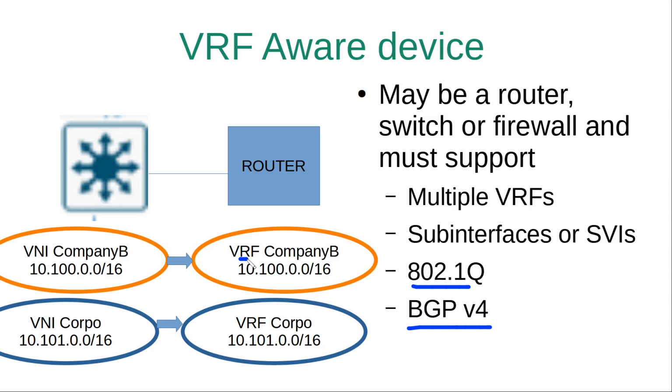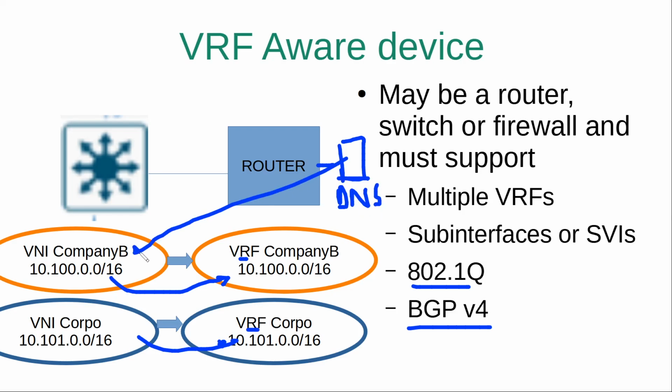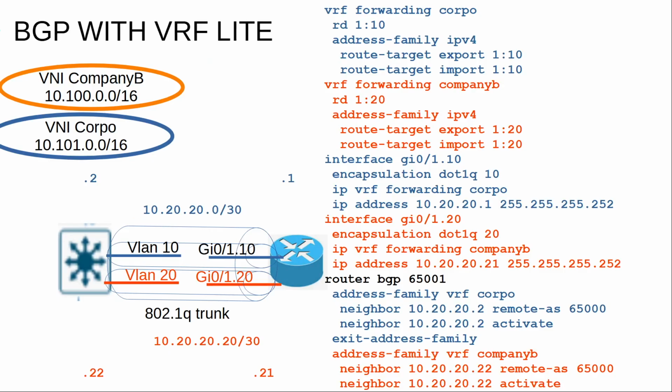We are going to create VRFs in this router that is VRF aware, and we are going to inject these prefixes coming from virtual networks into VRFs, and then we're going to do route leaking in order to let my external servers communicate with both routing domains. So this is the easier way to do it.